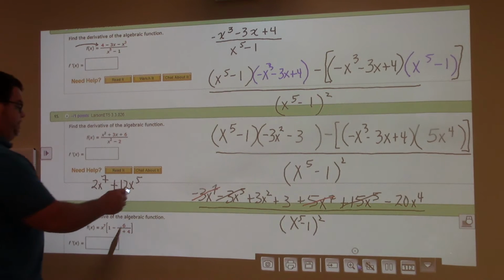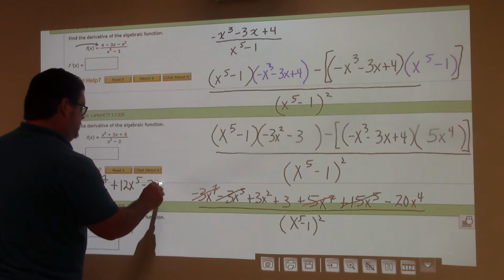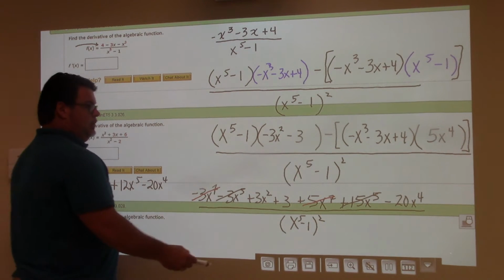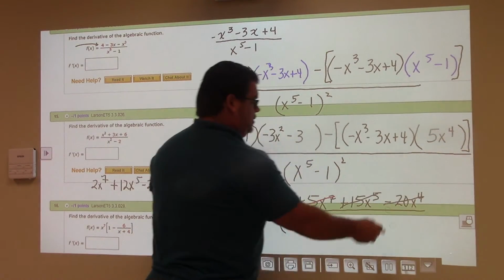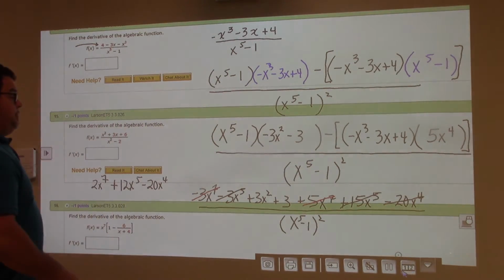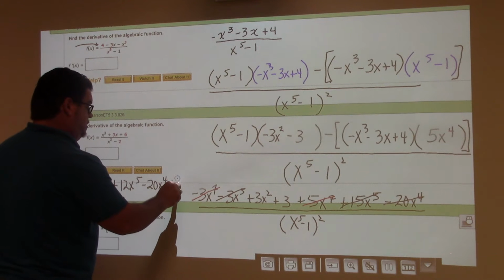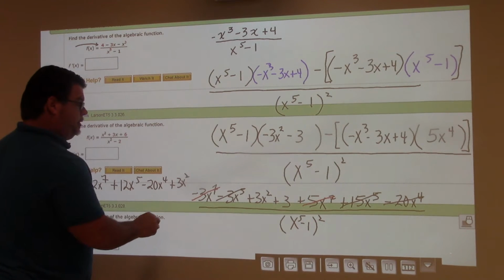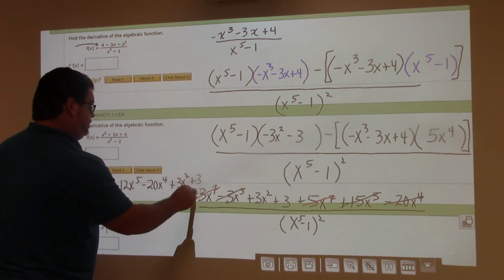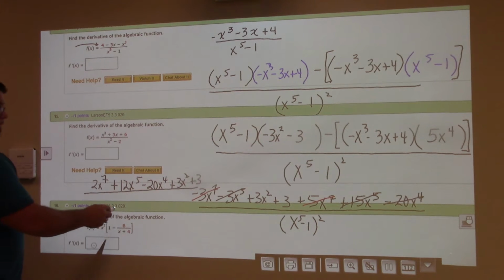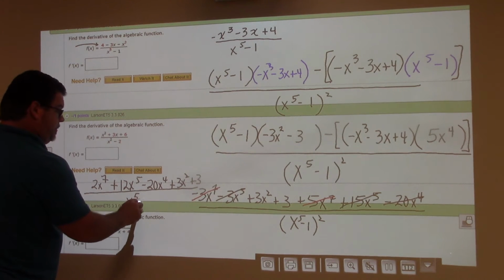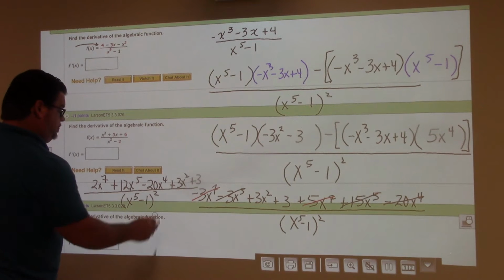Minus 20x to the 4th, plus 3x squared, plus 3, over x to the 5th minus 1 quantity squared.